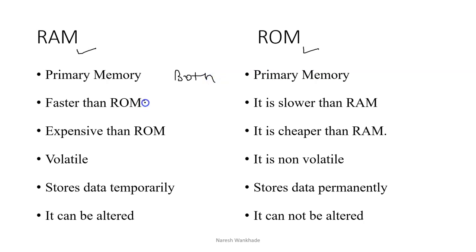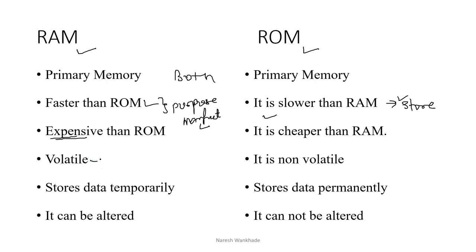Random access memory is faster than read-only memory because of the purpose for which RAMs are manufactured, to perform fast computational tasks, and ROM is basically slower, designed to store data. RAM is more expensive than ROM, and ROM is cheaper than random access memory.